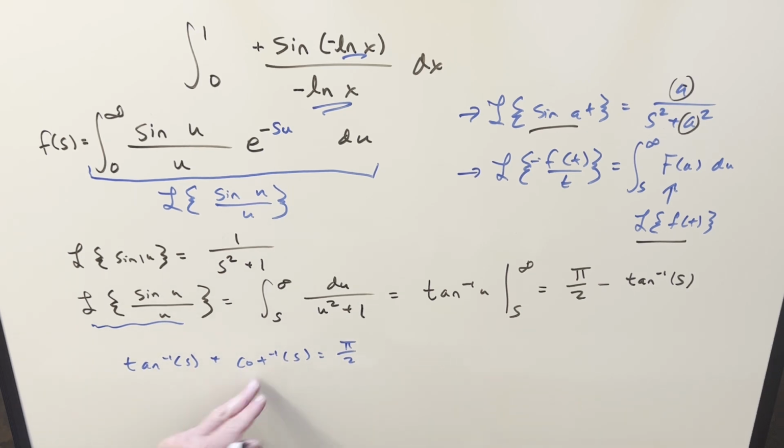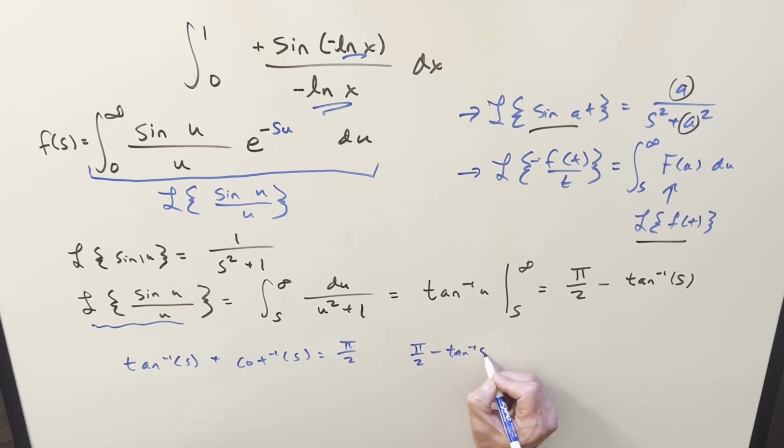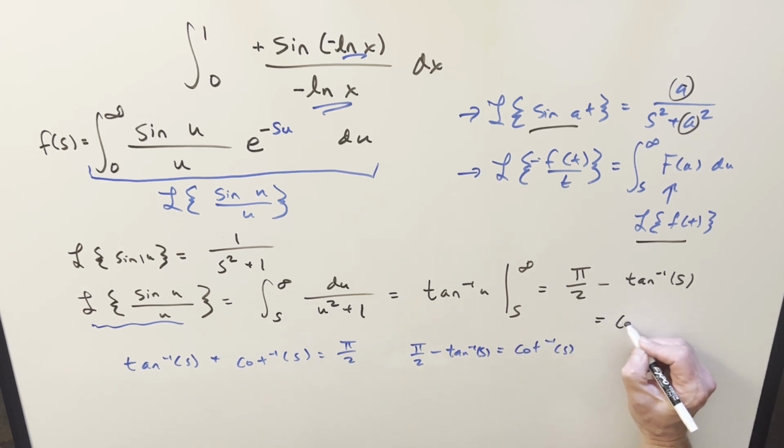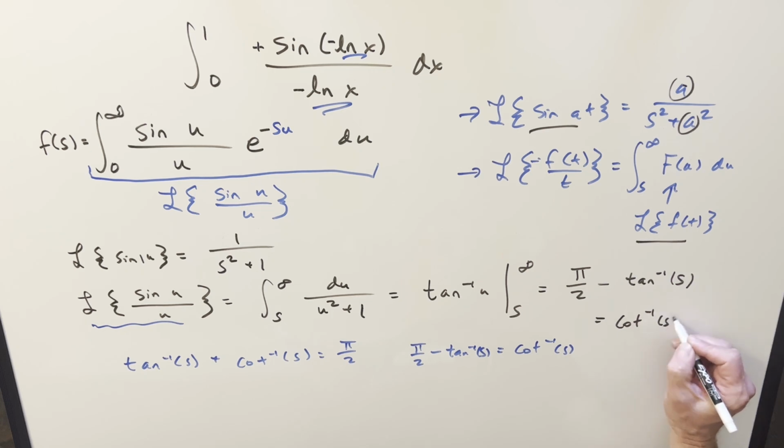When you have the other formula, arctan of 1 over s, then it's only for positive numbers, but this works for any s. So then just rearranging this, if I subtract arctan on both sides, we have pi over 2 minus arctan of s equals arccotangent of s. So what that means is I can write this whole thing as arccotangent of s. I don't know if it's better this way because a lot of people are more familiar, but we have this other way to express it.